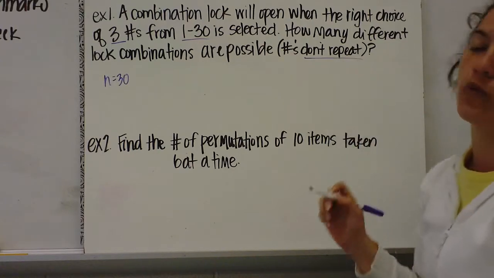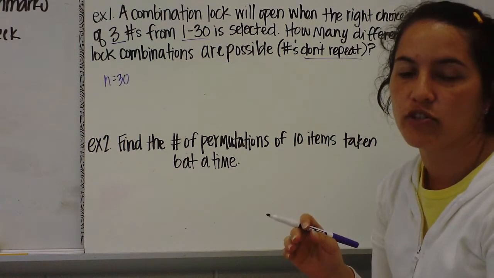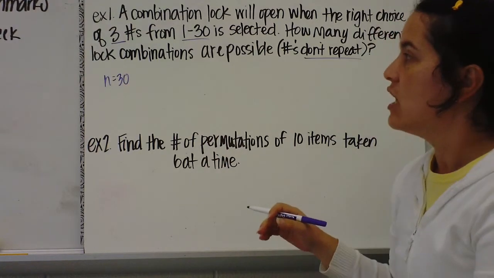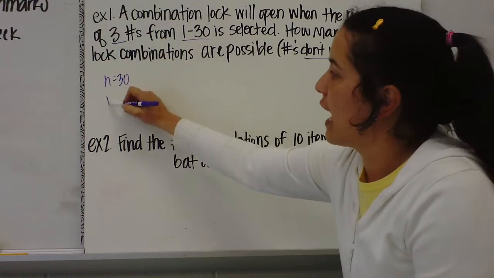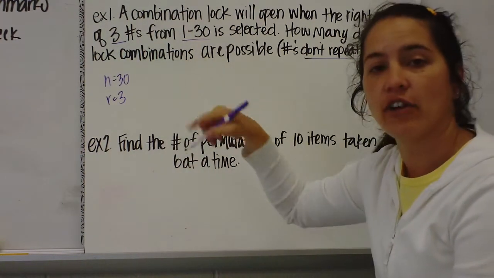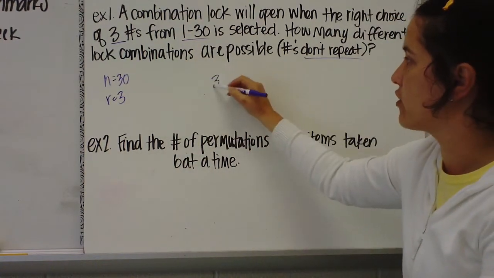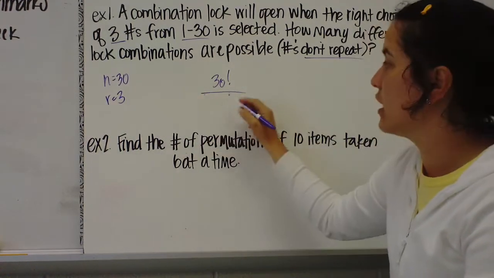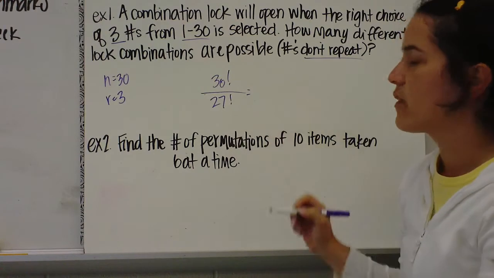It says numbers don't repeat, so once you choose a number, you don't repeat it for this problem. We are choosing 3 at a time because you only have 3 numbers on your lock. So we have our n and our r, and we can put it in. 30 factorial, and then we subtract: 30 minus 3 is 27 factorial.